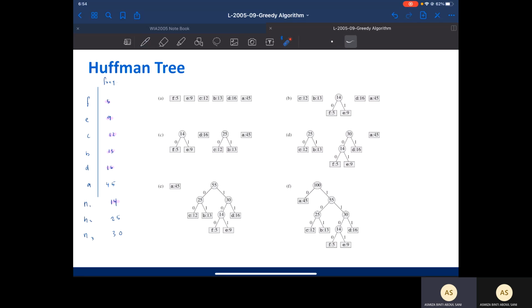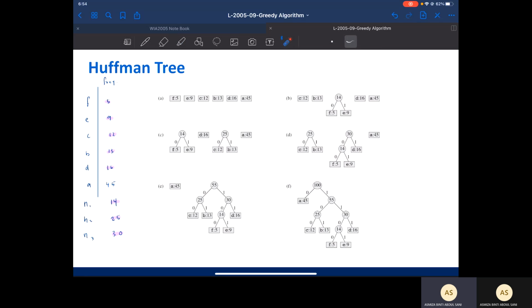We do the same thing again. We look at these values and choose which two are the smallest. We have 25 and 30, which are the smallest, and we combine these two internal nodes together.